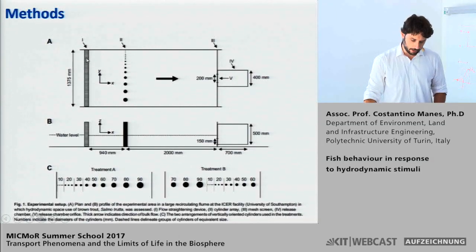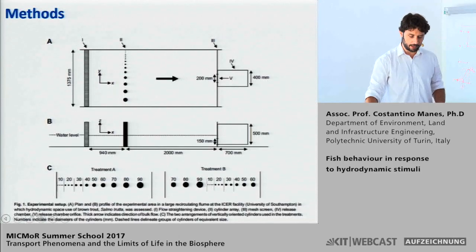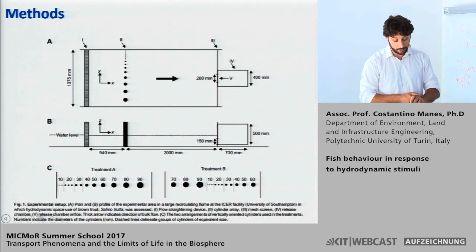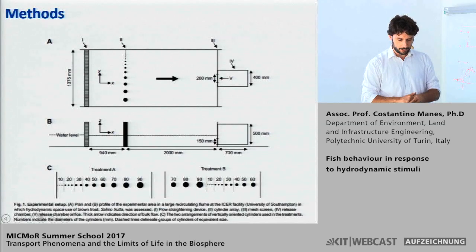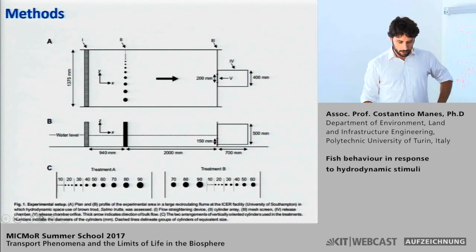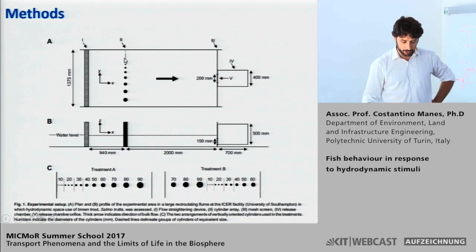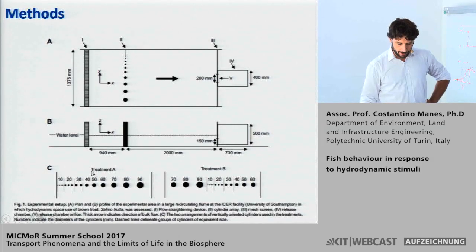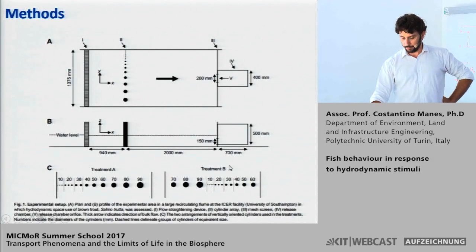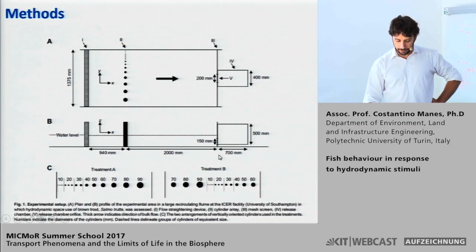sort of a flow straightening device that we wanted to have to minimize any fictitious turbulence coming from upstream, which is unfortunately in that flume fairly high. Then, in order to create some sort of hydrodynamic complexity, we have placed some cylinders of varying diameter from 9 centimeters down to 1 centimeter, which were placed in two different arrangements, increasing and decreasing, with this arrangement identified as treatment B in this figure.